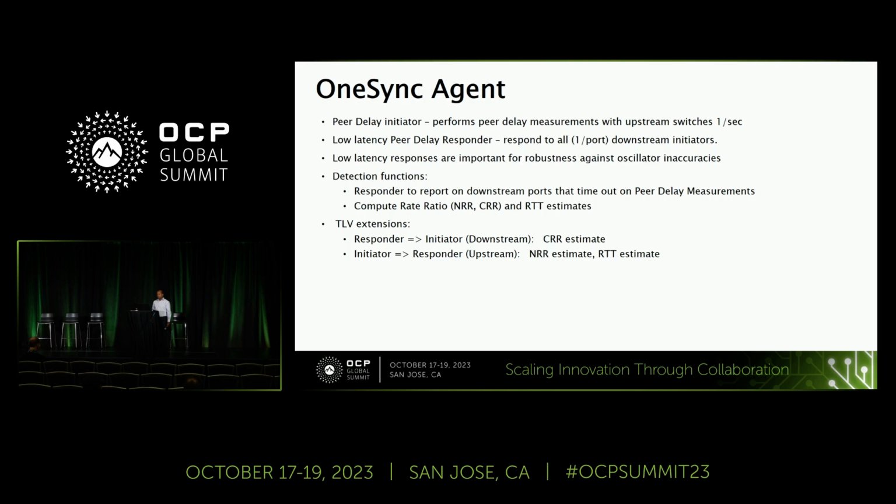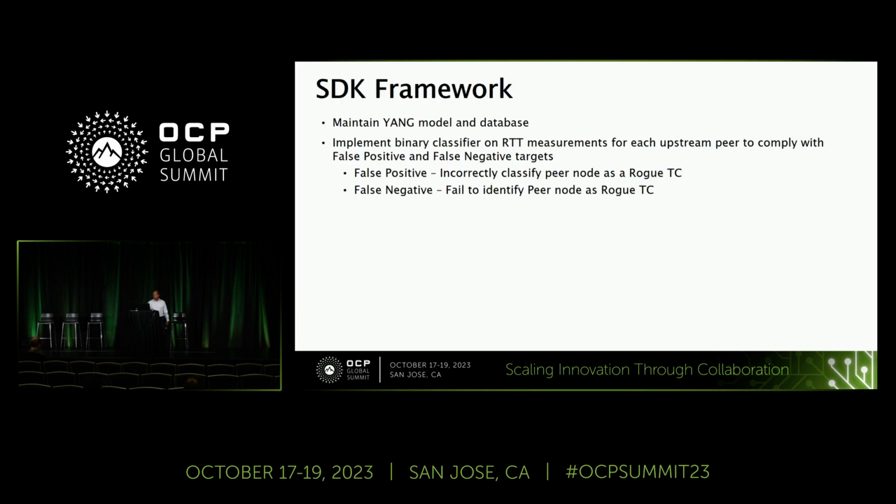This is a binary classification problem that, like any classification problem, is characterized by two very important numbers. One is the false positive rate, and the other one is the false negative rate. False positive basically means that we incorrectly classify a peer node as a rogue TC even though it isn't.